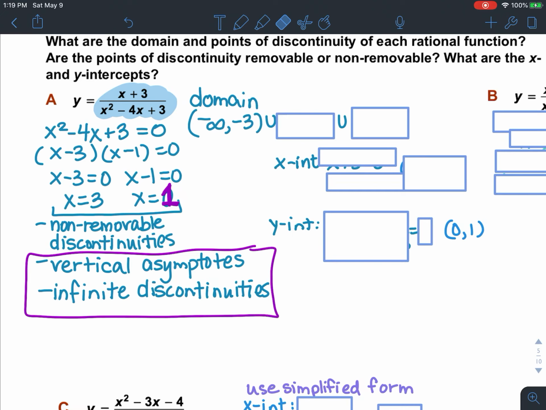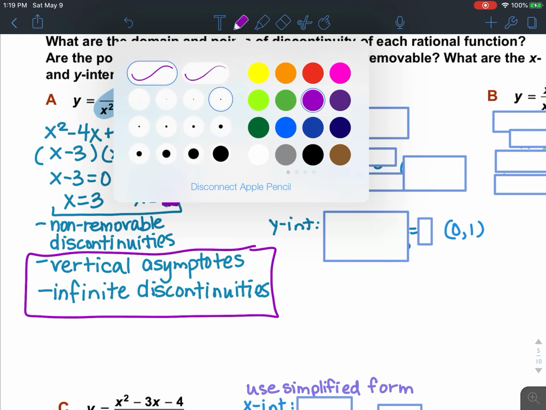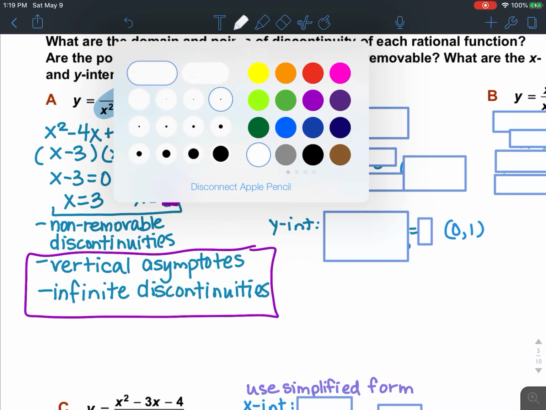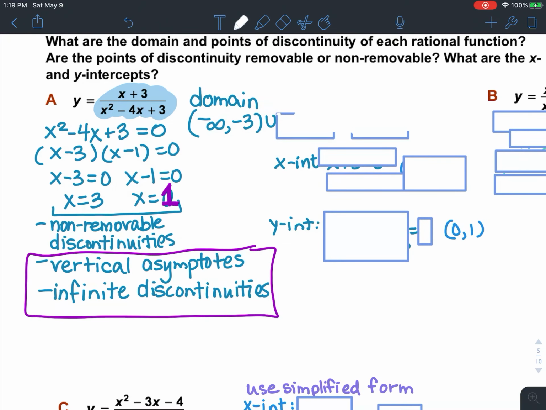Yeah, I must have been really tired when I did this because now I have another mistake. So negative infinity. Oh my God, I'm a mess. All right, hold on. I'm just gonna white this out and just rewrite it because it's not right anyway. Okay.